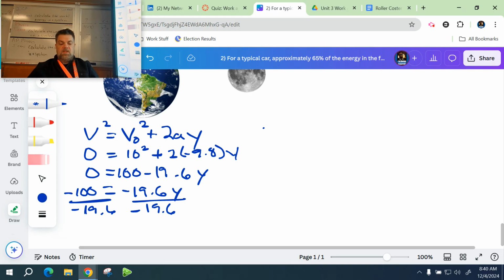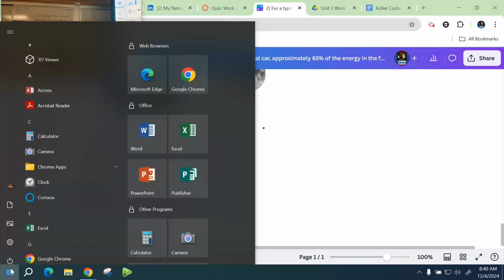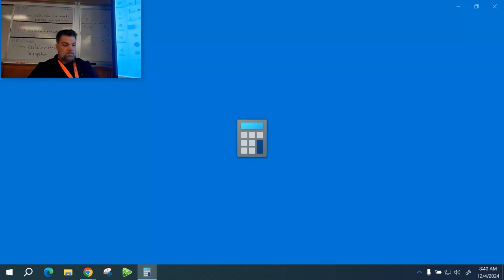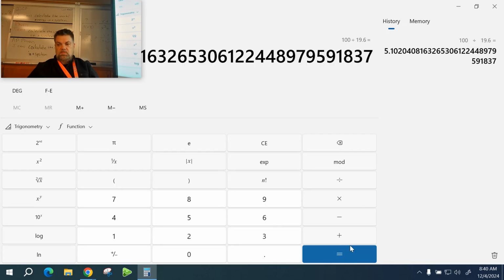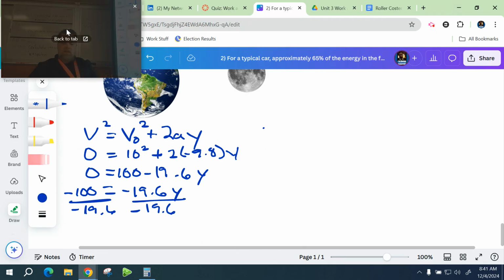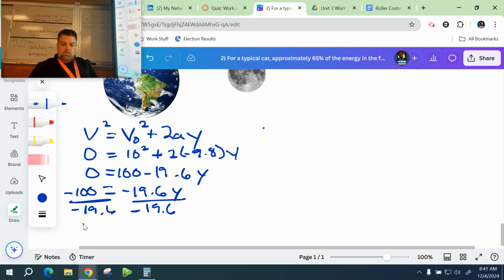I'm going to have to pull my calculator back up. 100 divided by 19.6. It's about 5.1, right? So we'll just make that 5.1. So that's the height on Earth.